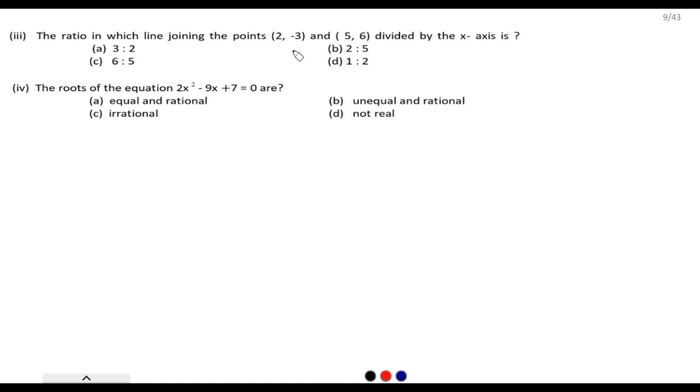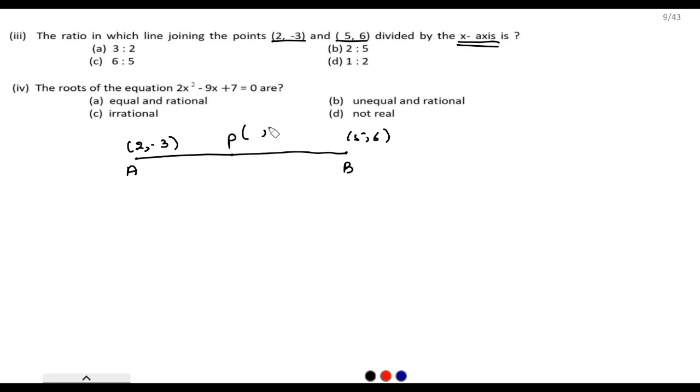The ratio in which the line joining these points is divided by the x-axis. At which point will this line divide the x-axis? Suppose at point P, then the y coordinate of this point will be 0.